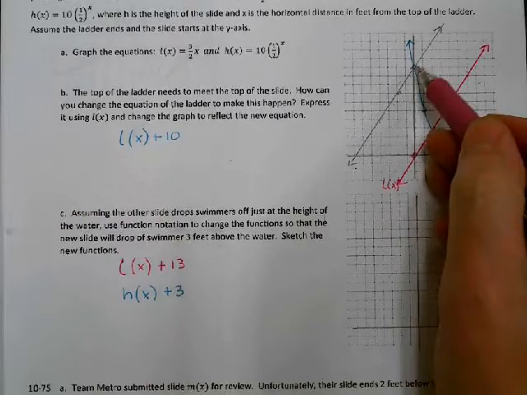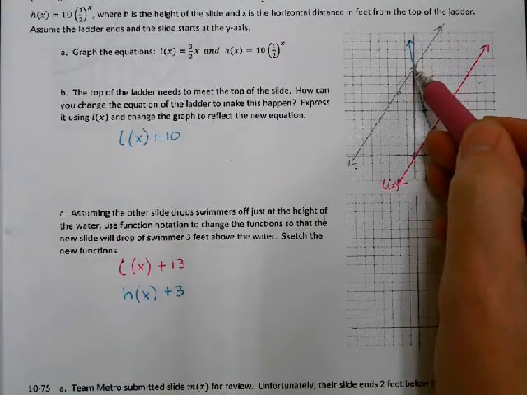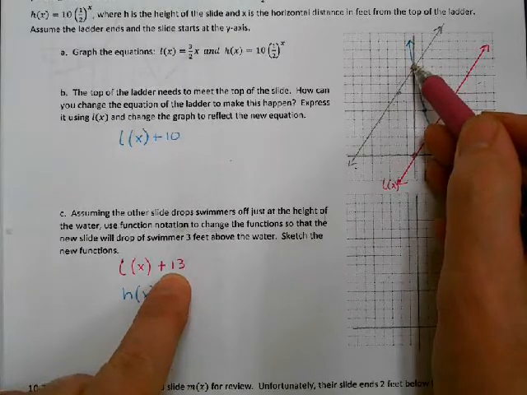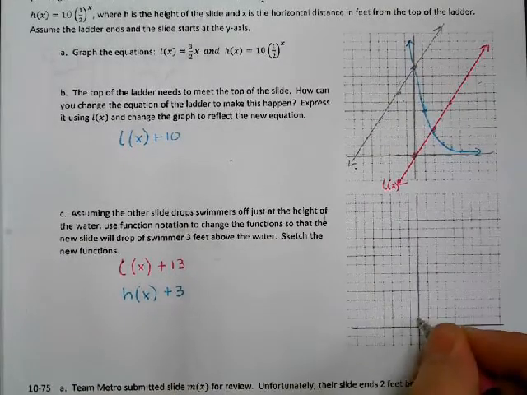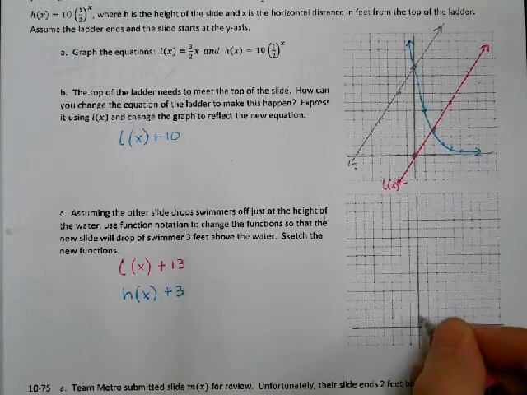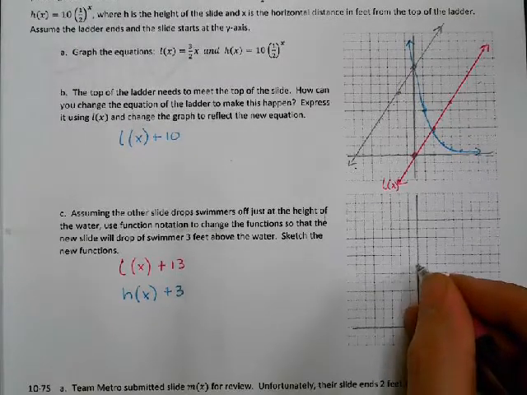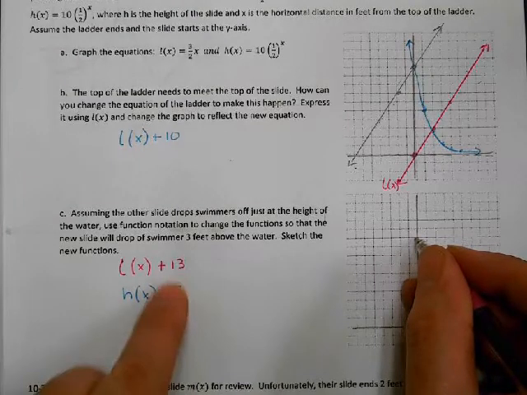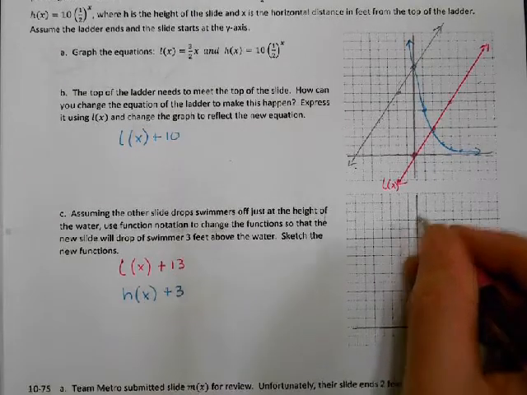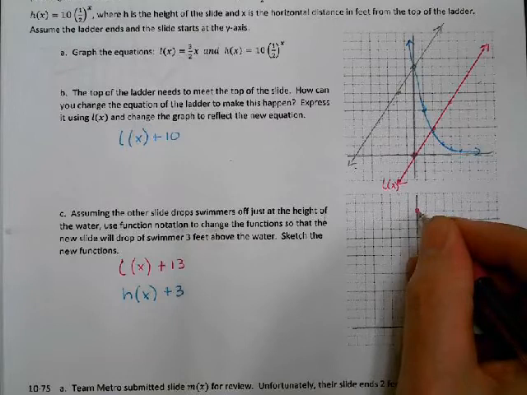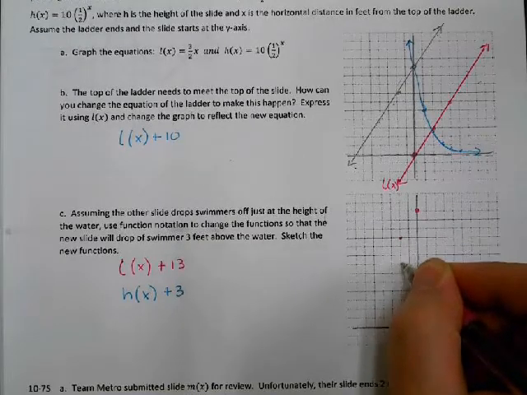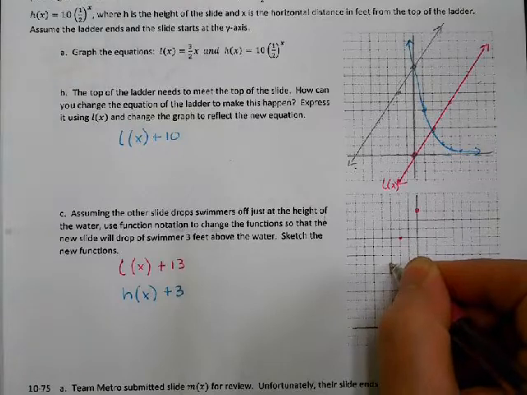It used to be at 10, but we shifted the graph up 3, so it's up 13 from the original. So now I'd go up to 13. 1, 2, 3, 4, 5, 6, 7, 8, 9, 10. That's where it was before. And then I shifted it up 3 more units. There's the new graph. The slope is still the same. Down 3, back 2. Down 3, back 2. All right, there's the new slide.